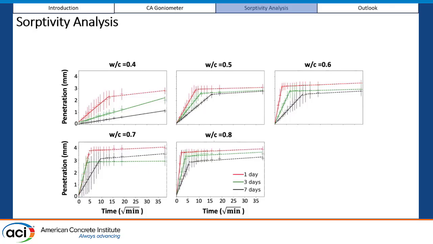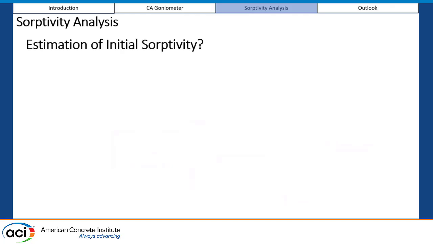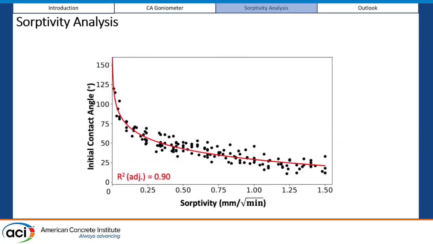So I analyzed different systems, different paste samples initially, with different water-cement ratios and cured for different times, 1 to 7 days of curing. And I noticed that if I plot the initial contact angle of droplets against the sorptivity for 63 different cement paste samples, we get a nonlinear correlation.